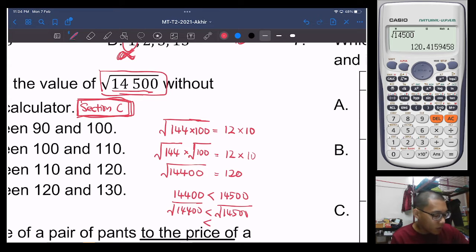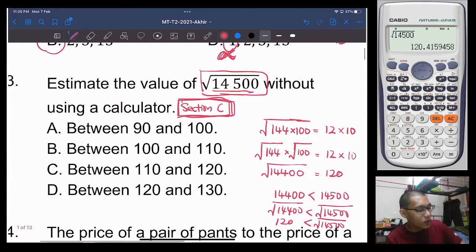That means this one is more than 120. Done. Okay, now we check. We have 90 to 100, 100 to 110, 110 to 120, 120 to 130, this one. So we have just one answer, so we choose this one.